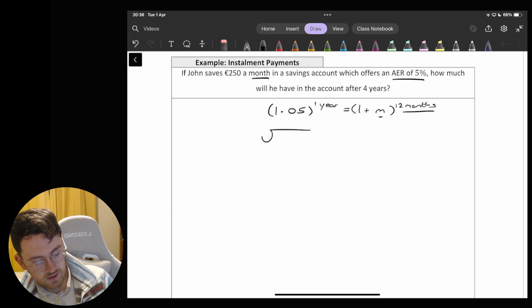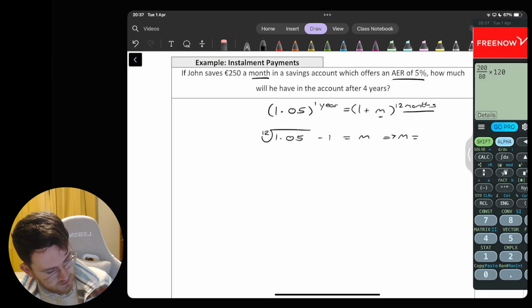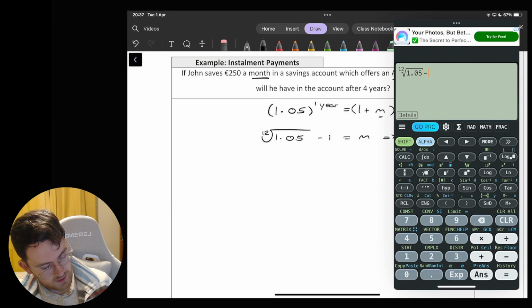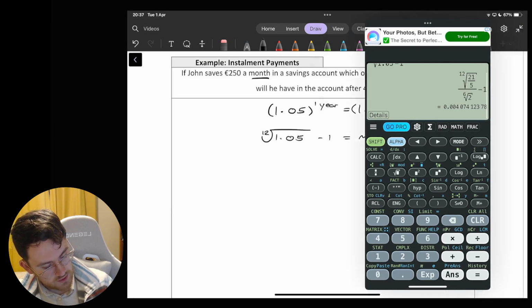So that's going to give me the 12th root of 1.05 minus 1 equal to m, which means that m as a decimal is the 12th root of 1.05 minus 1, which is 0.004074.